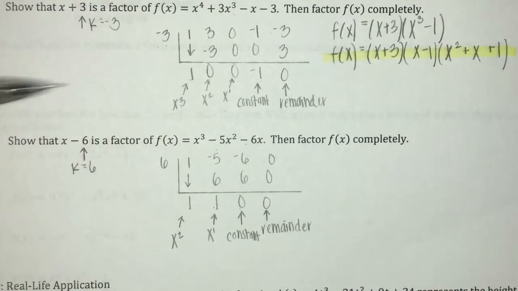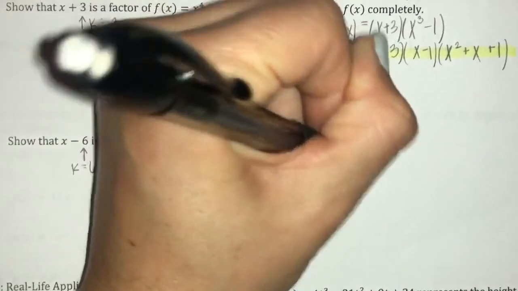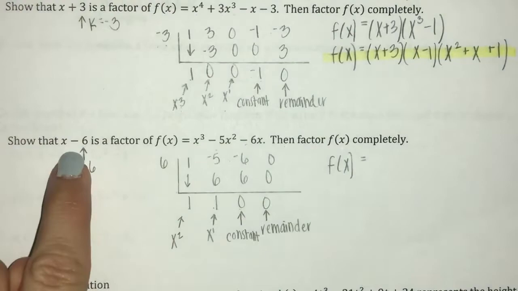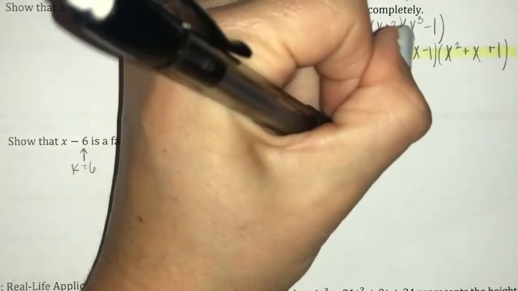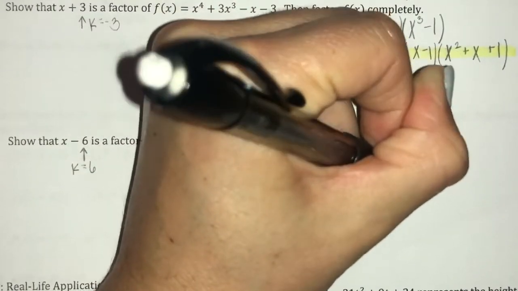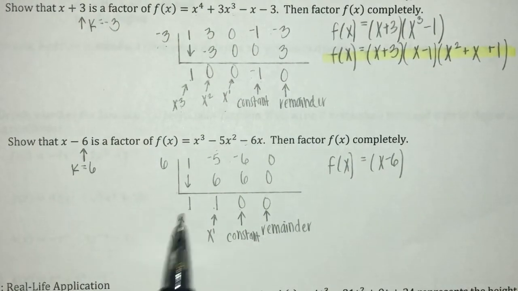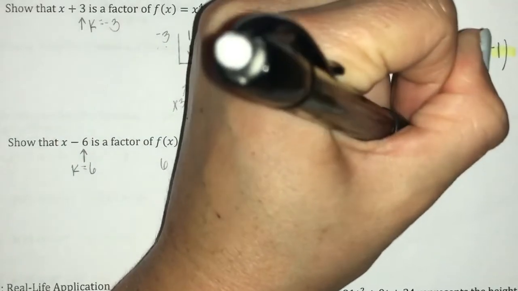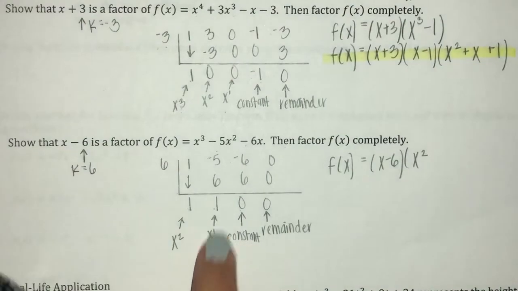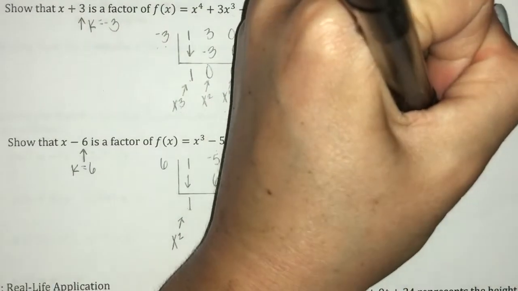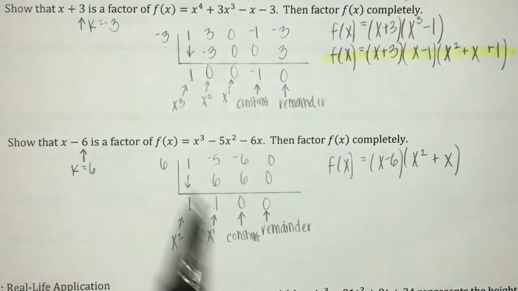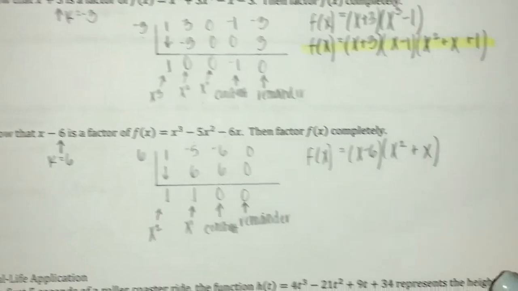So if we want to factor completely, it would be f of x equals, once I factor out the x minus 6, that can go out in front. Factoring out is just dividing it out. So once I divided out the x minus 6, I was left with these values. So this is x squared, and then plus 1x. And then 0 was my constant, 0 was the remainder.